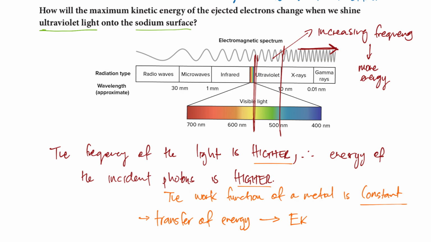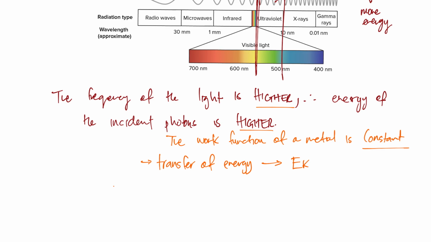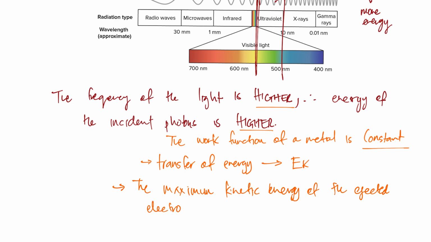So they want to know, how will the maximum kinetic energy change if the electrons have an ultraviolet light on sodium. You can say that at the end, the maximum kinetic energy of the ejected electrons will increase.